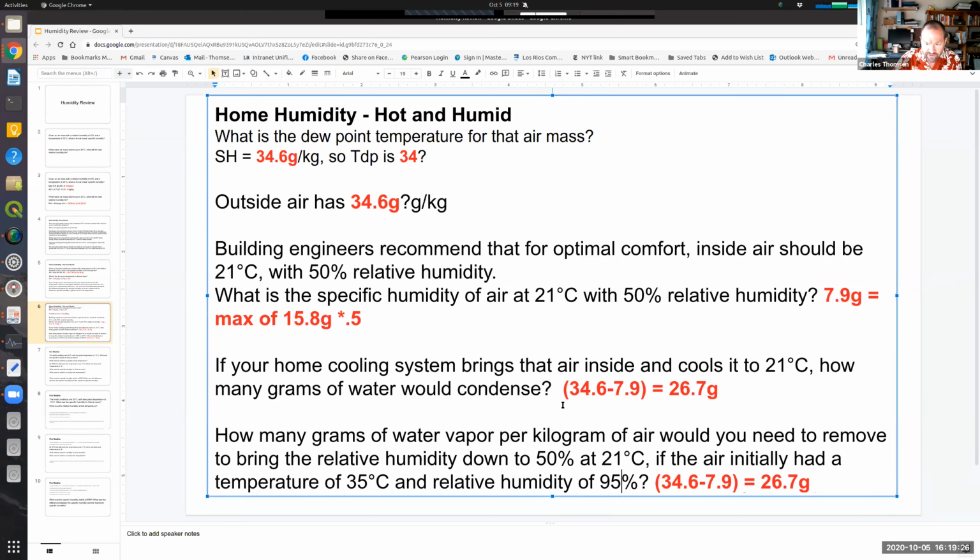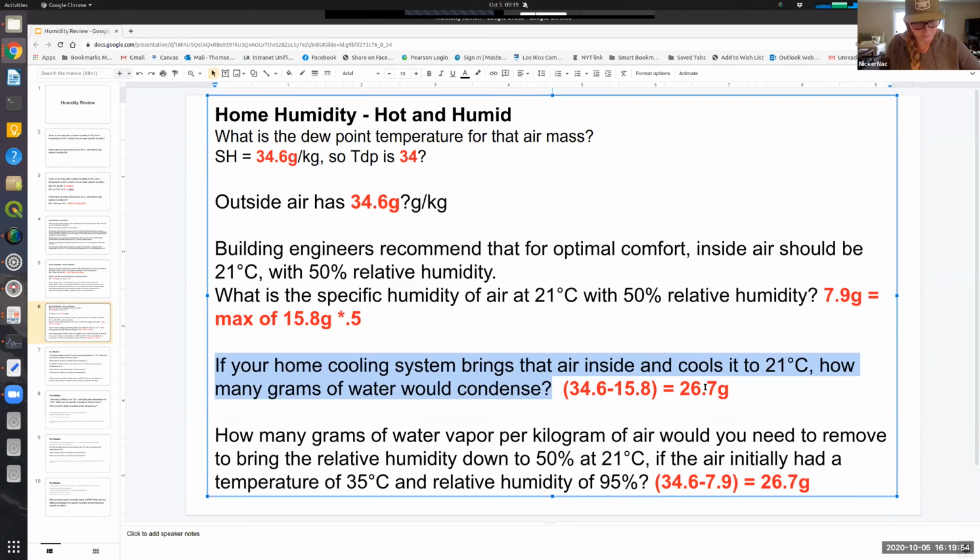It is not the correct answer to this question. Because what's the max at 21? 15.8. Yeah. So if your home cooling system brings in outside air that's got 34.6 and cools it to 21, at 21 the max is 15.8.